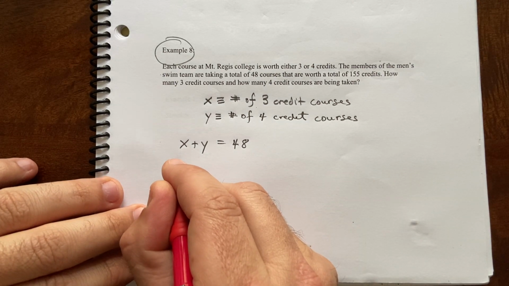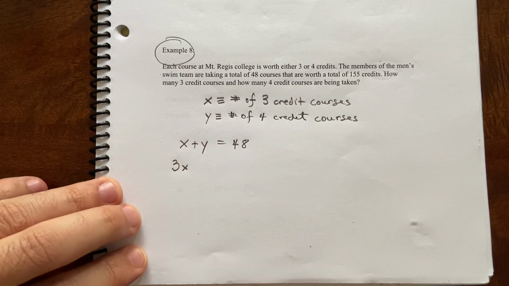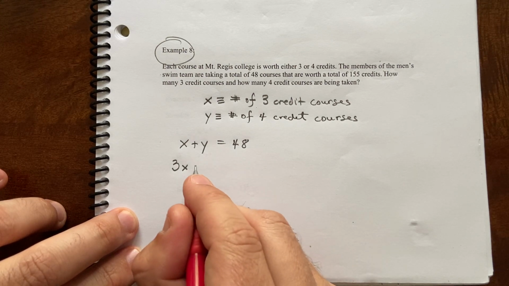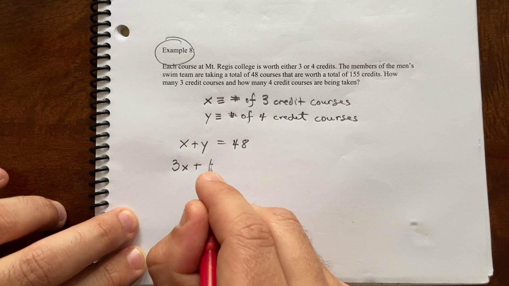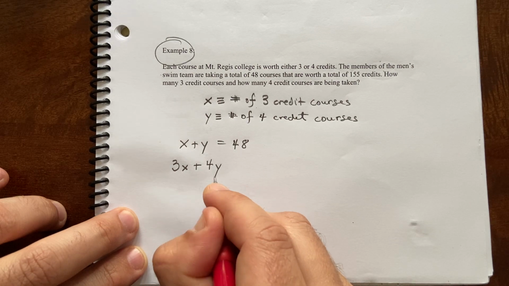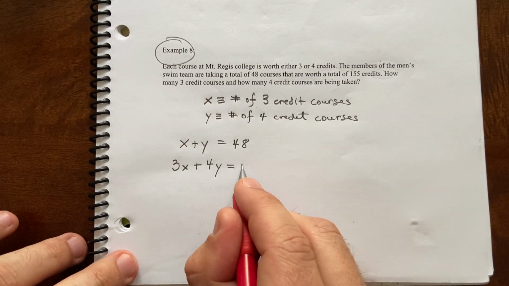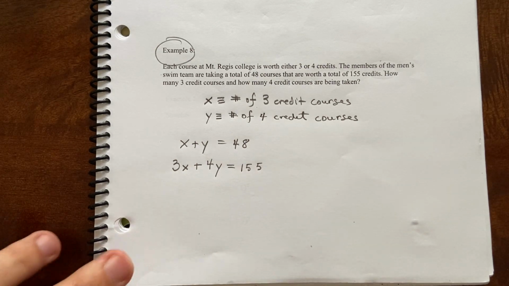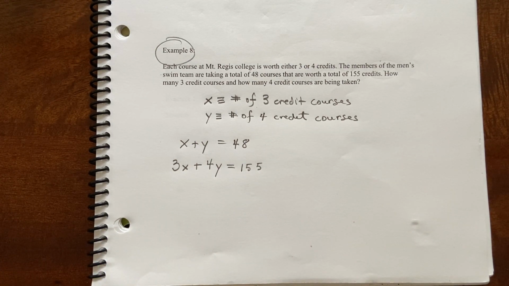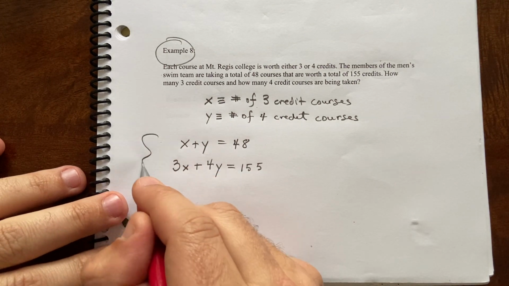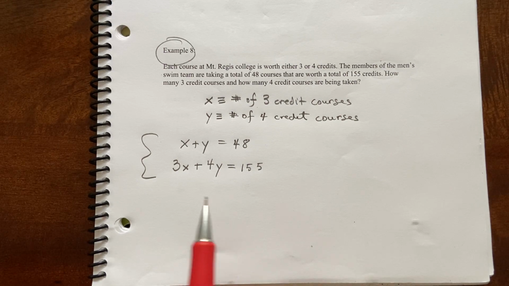So if I multiply by 3, the number of 3-credit courses, and then add multiplying by 4, the number of 4-credit courses, if this is now a number of credits, it should total up to 155. It's totally up to you how you want to solve this system now.